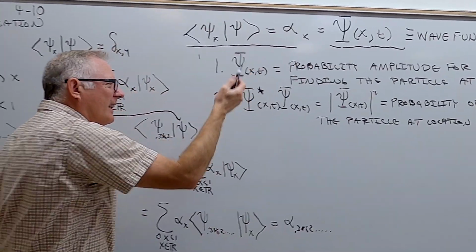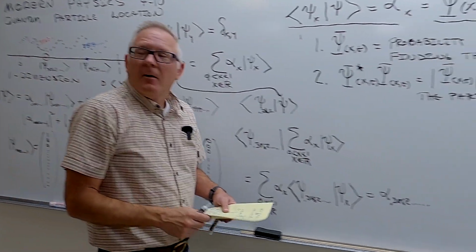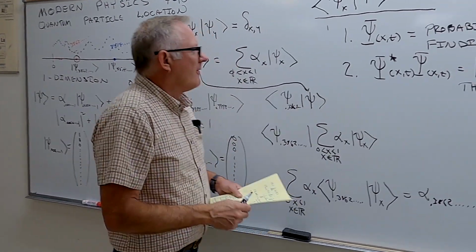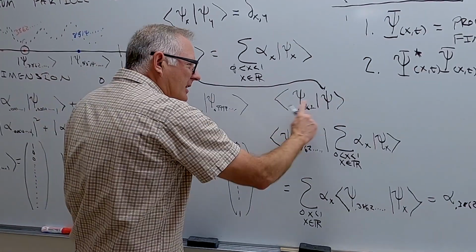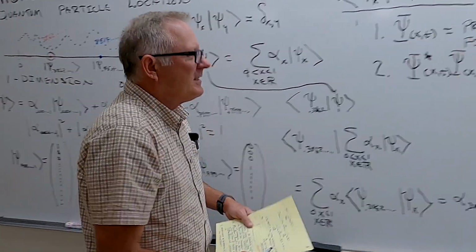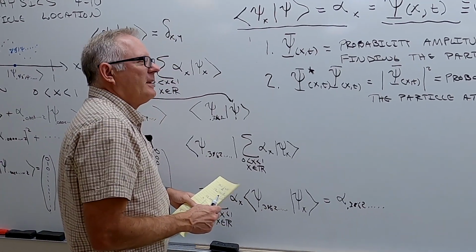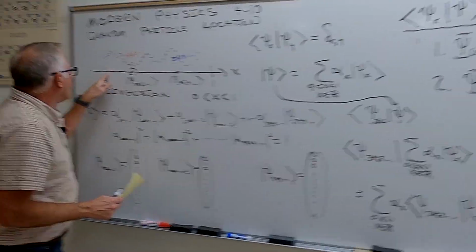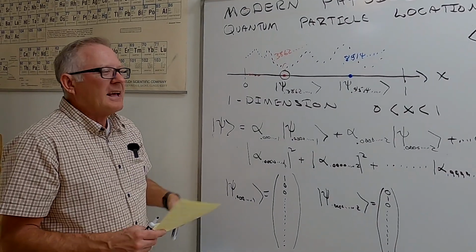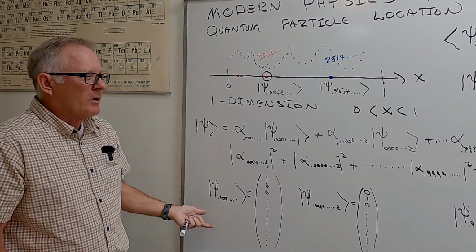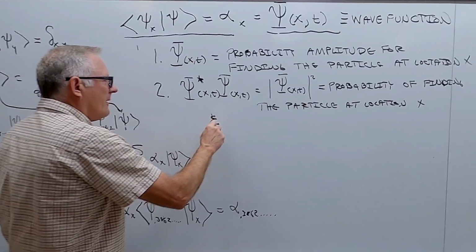Okay, so now if we can get this wave function, we can get the probability of where it's going to be at any location of x. Now, we said before that all of our vectors were normalized. That is, when we dotted two vectors that were the same, we always got one. Well, it's similar here. If this is the probability of finding it at location x, the probability of finding it here, plus the probability there, plus the probability there, all the way out to here, better be 1, because it has to be someplace. If you search everywhere, the probability of finding it should be 1. So, and maybe I'll put and, it's part of this rule number 2.